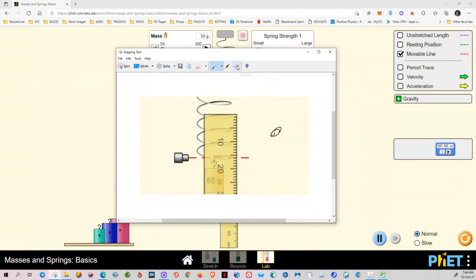Okay, so the extension of the spring, this is 10 centi, this is 15 centi, one line after 15 centi, this is 16 centi. Okay, this is 20 centi, so 16, 17, 18, 19, 20. So take the value 16 centimeters and record it in your data sheet.